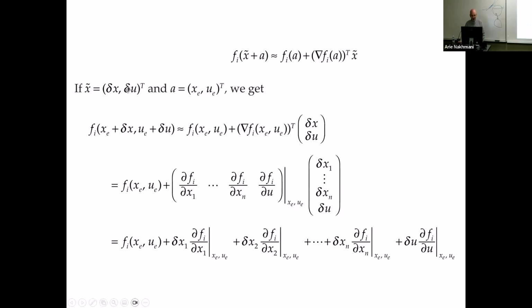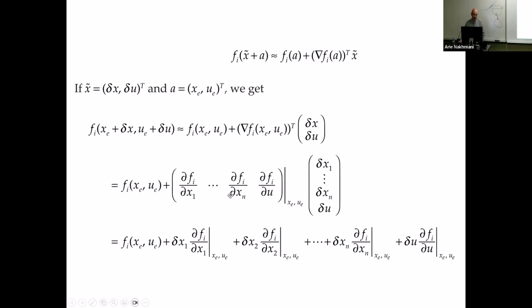Because my last variable is u. So I'm taking all of these derivatives for all of these vectors. I know, difficult, but not too much. And I need to compute these derivatives at the equilibrium point. And I'm explicitly writing all of the states and input, like that. So this is the same vector here, all right?